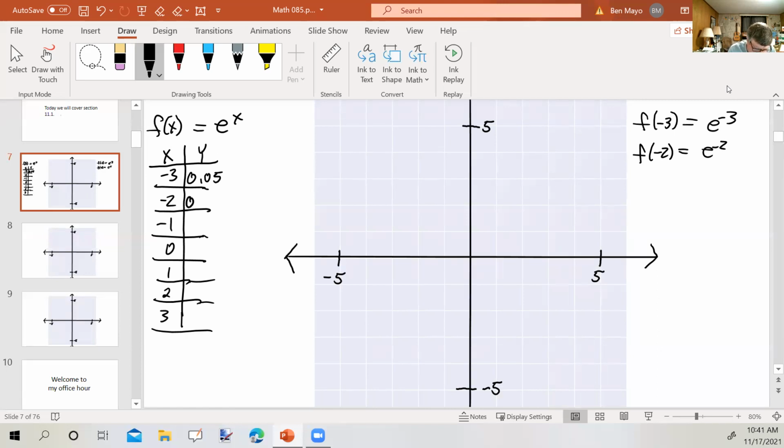So how about 0.14? E to the -1 power, 0.367, so 0.37. So I'm rounding to the nearest hundredth in each case.